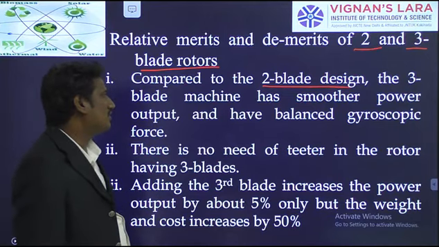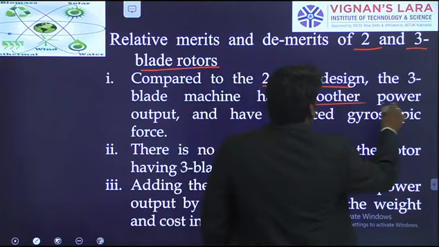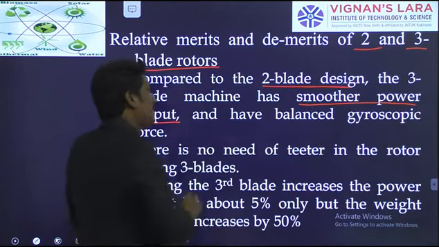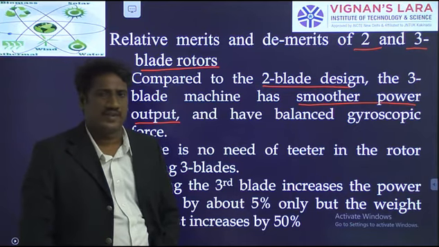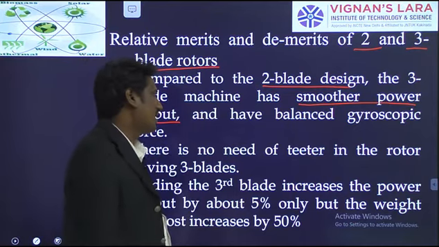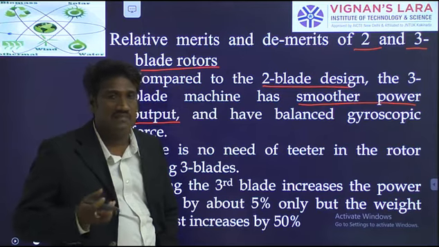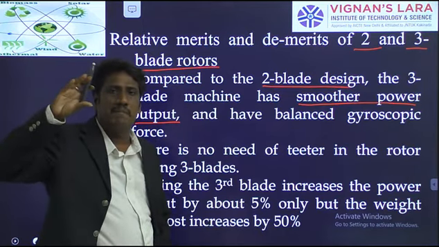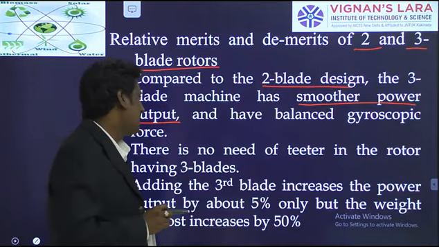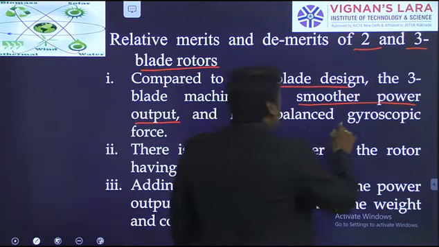In the case of a 3 blade structure, you will have a smoother power output compared with a 2 blade structure, because with 3 blades there is a balanced gyroscopic force.